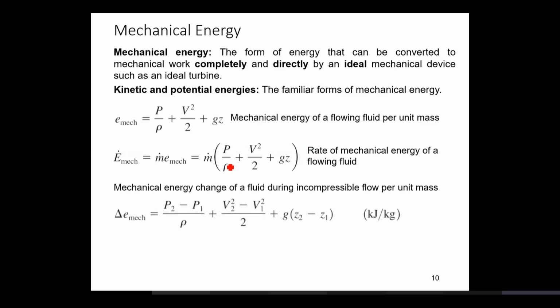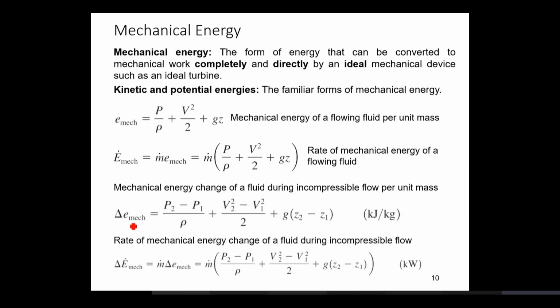Change in mechanical energy of the fluid, this last slide. Change in mechanical energy of the fluid, it is dependent upon what? Mass flow rate entering the system and change in mechanical energy per unit mass, which is essentially this flow energy, this kinetic energy, and this potential energy. Clear?